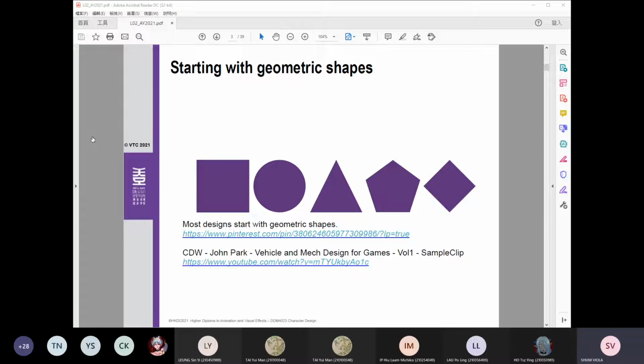Okay, just like what you did in animation principles. Okay, you only need to draw maybe circle, square, rectangle, or diamond shape. Okay. You remember last week I showed you some successful character designs such as Mickey Mouse. You will find that the silhouette is very strong.